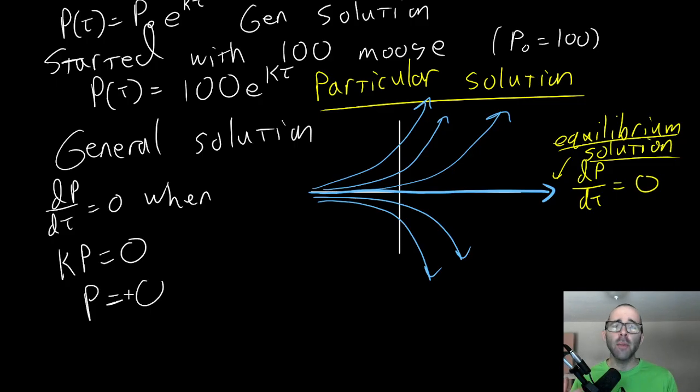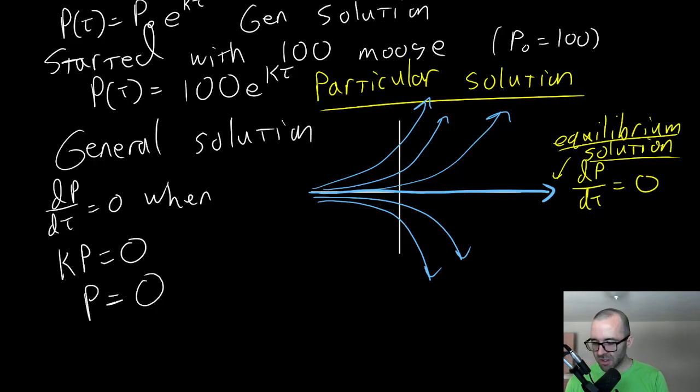And again, when we think about population growth, of course that makes sense. If we have no moose, then they will not be able to breed and grow. They will not be able to die. If we have no moose, we will always have no moose, unless something new comes into the system. All right, so that is our equilibrium solution. If the population is 0, it will always be 0.